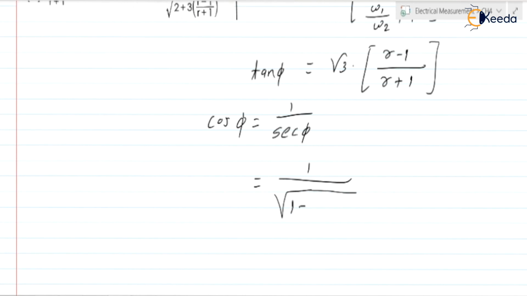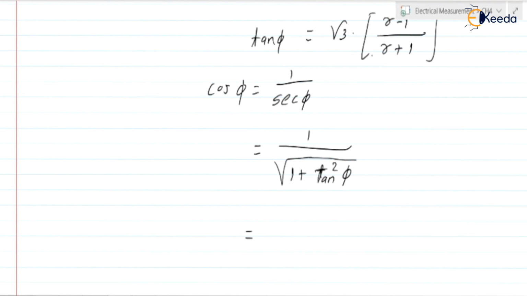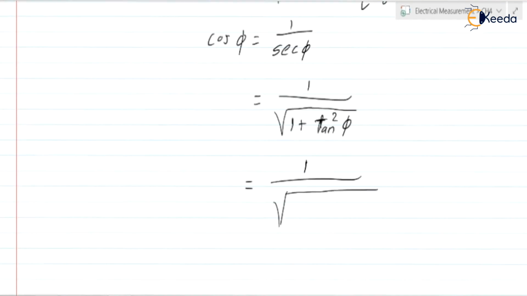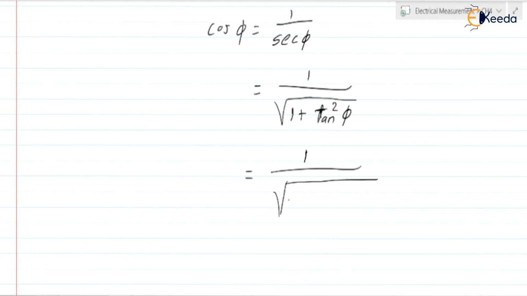Now replace tan square phi with the square of this bracket. So it is 1 upon under root 1 plus, 3 into r minus 1 upon r plus 1 whole square. This is cos phi, and that is nothing but the power factor.